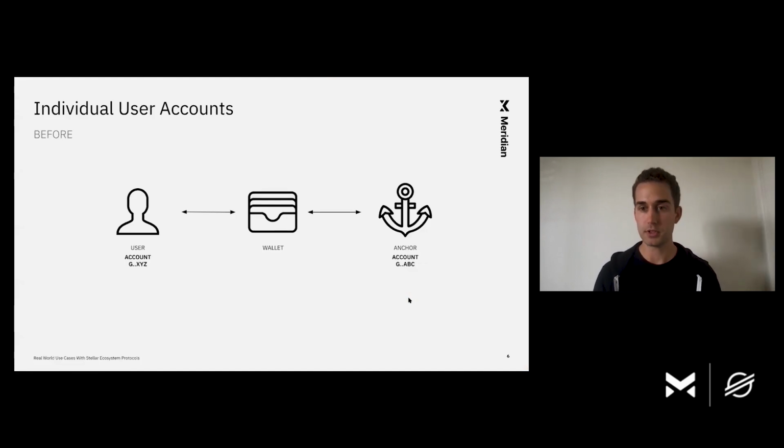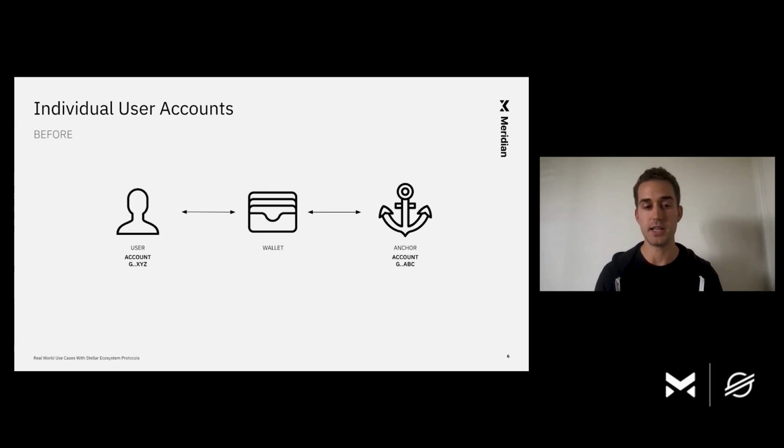So when we first created SEP24, or the deposit and withdraw specification, the architecture that we had envisioned was very simple, and it looked a lot like this. We had a user who owned a single Stellar account, and we had an anchor at the other end that also had a Stellar account.